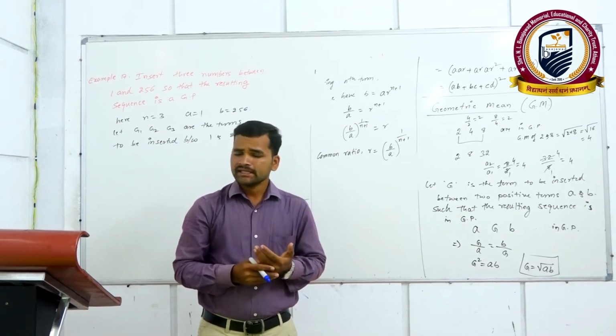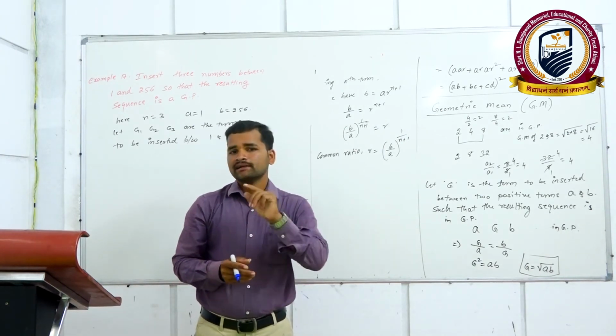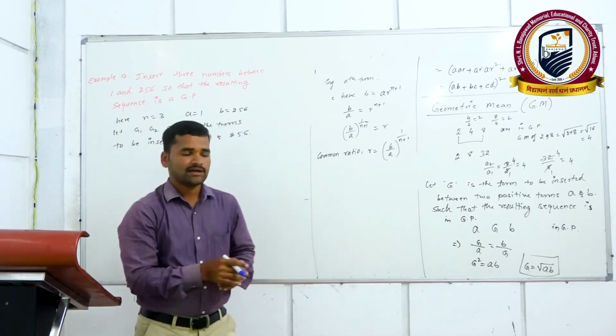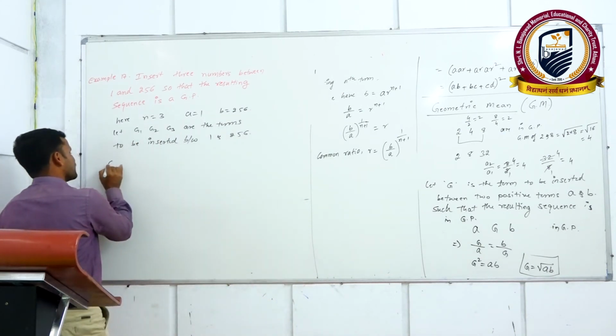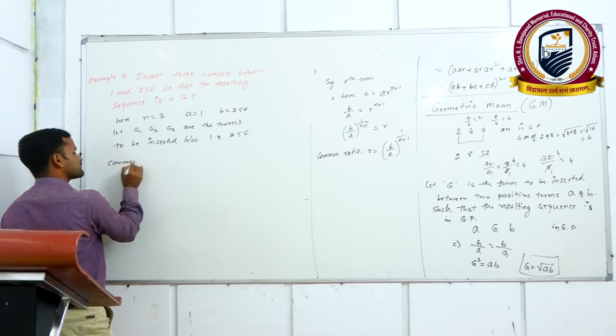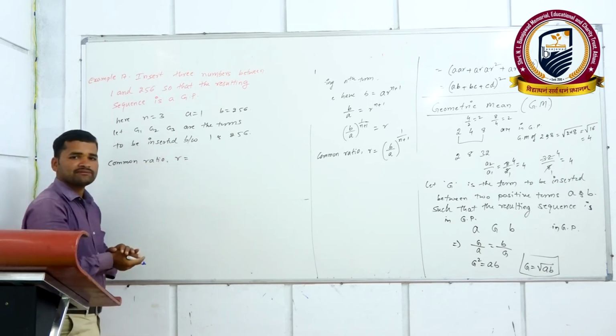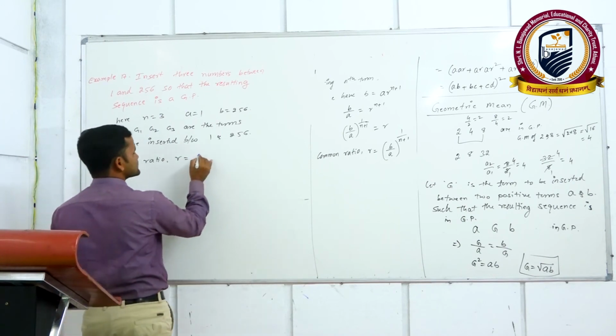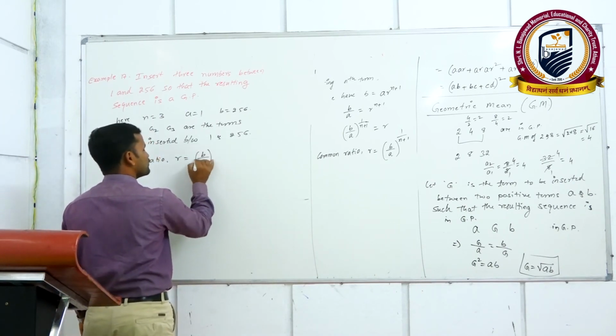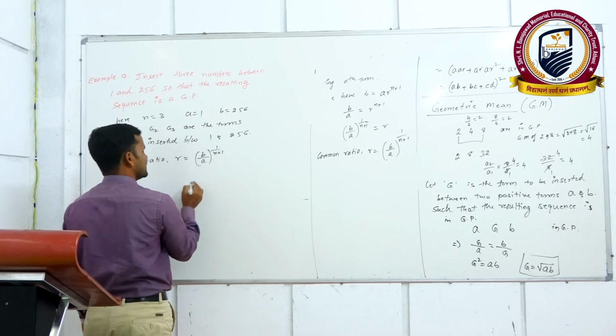Here a is directly known to us. Now we need to find r, the common ratio. What is the formula we know? We know the formula as r is equal to b by a whole to the power of 1 by n plus 1.